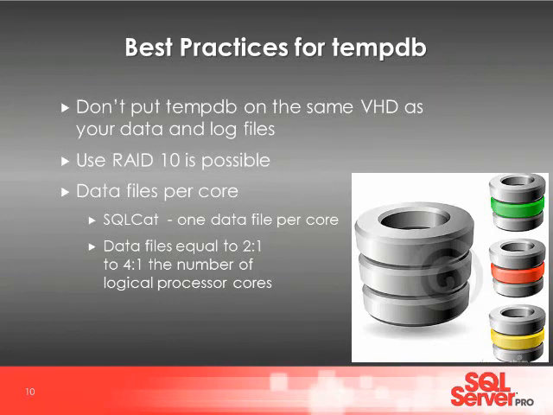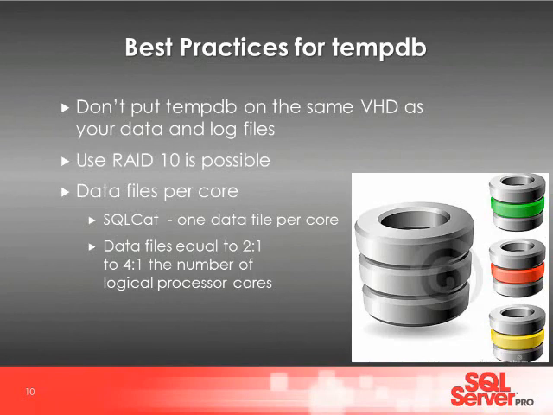And there's also an important practice that you might want to look into about how many Temp DB data files you configure per core that you have. The SQL Customer Advisory Team has a recommendation that's based on enterprise type workloads where there's one data file per core, again showing you how important the number of cores can be in the systems that you're running.